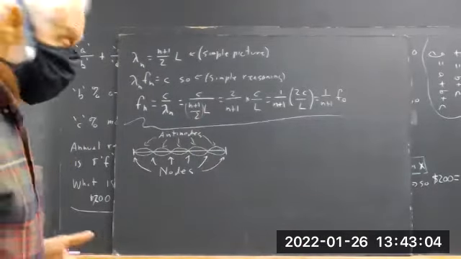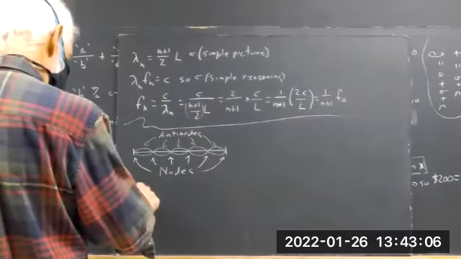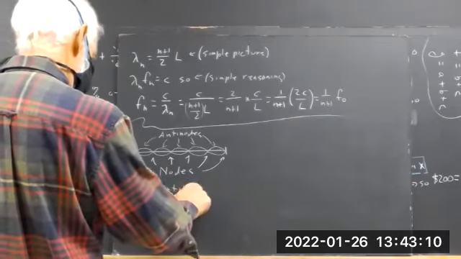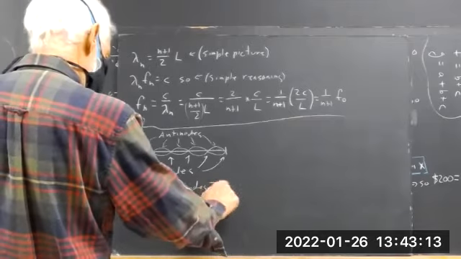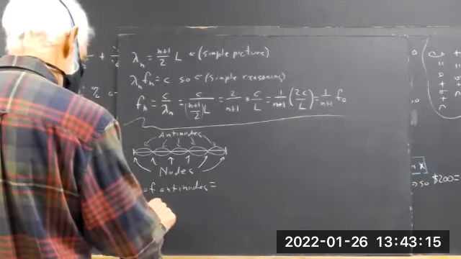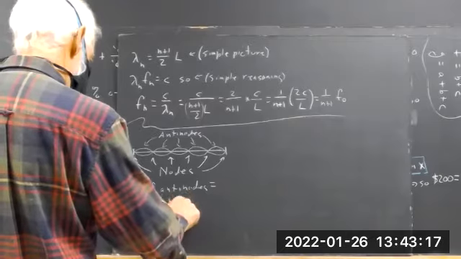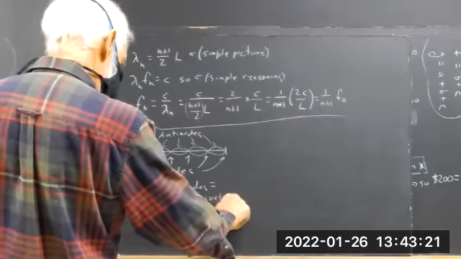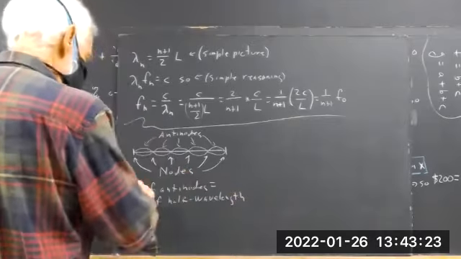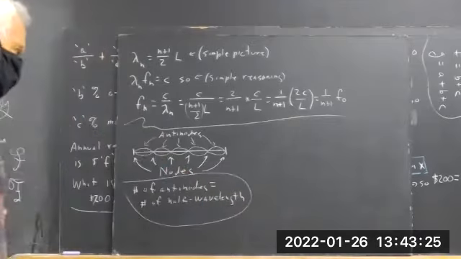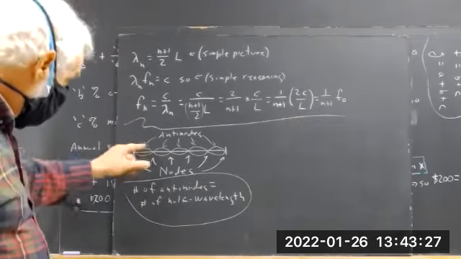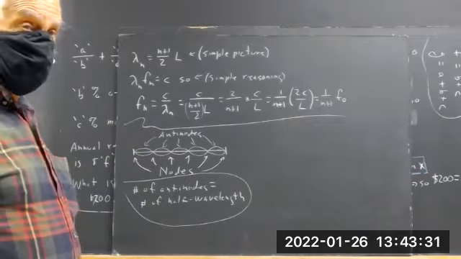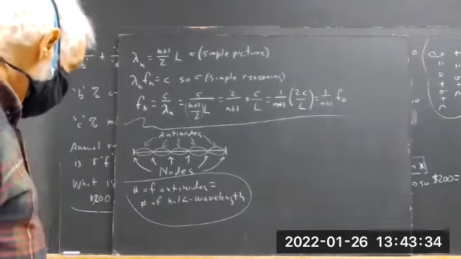The number of antinodes is your number of half wavelengths, because every antinode corresponds with half a wavelength, right? Hopefully we see these as half wavelengths.